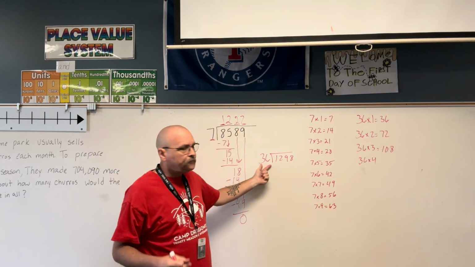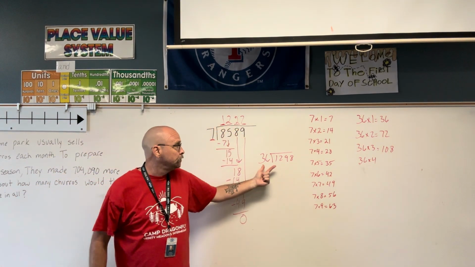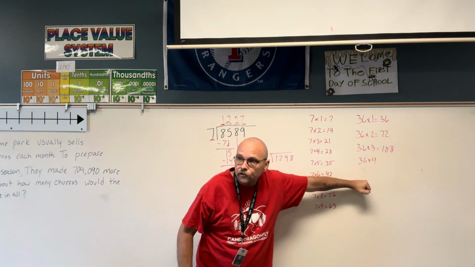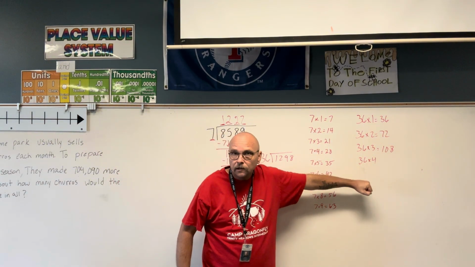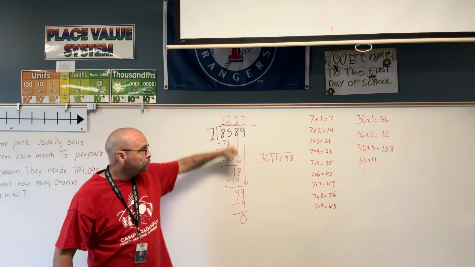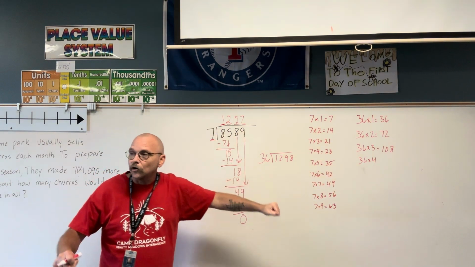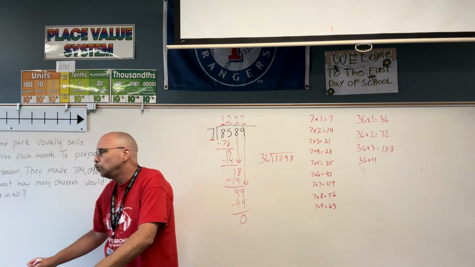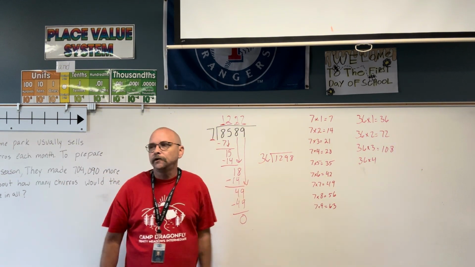Okay? So even if all we're doing this year is 2-digit divisors, if you're willing to do this with a 2-digit divisor, your life's going to be easy. You're going to be able to do this. The problem comes up when you don't want to do everything you need to do to get a problem correct.